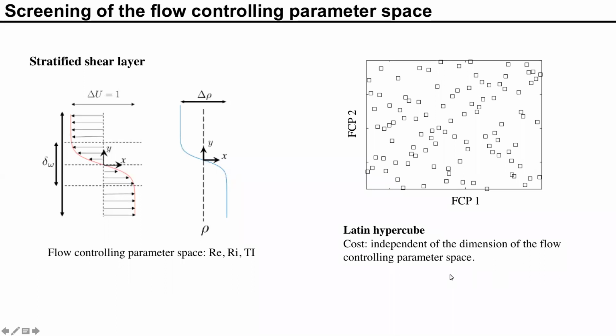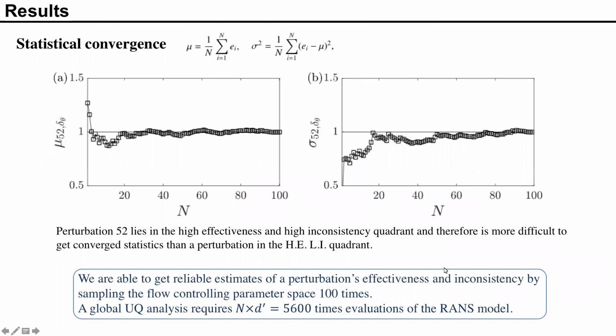All right. Now we can start to evaluate those two statistics, which measure the effectiveness of a certain type of model perturbation and the inconsistency of a certain type of model perturbation. So in order to get statistically converged estimates, we must sufficiently sample the model space.